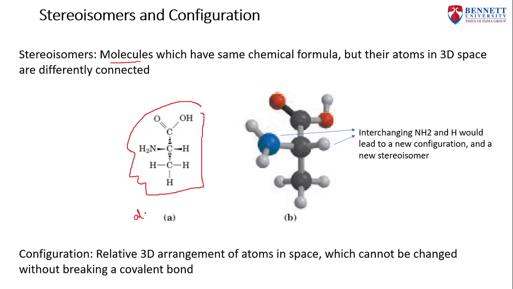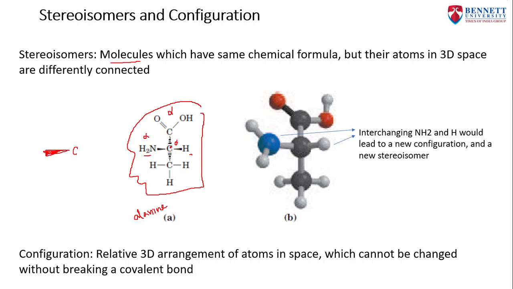This is alanine, and this is the relative arrangement of groups in space. This is the alpha carbon, this is the alpha amino, this is the alpha COOH, and if you swap the NH2 group with the hydrogen, that would lead to a different stereoisomer.